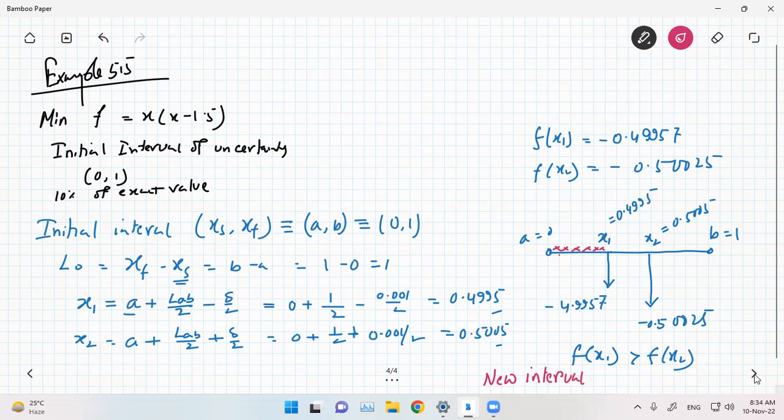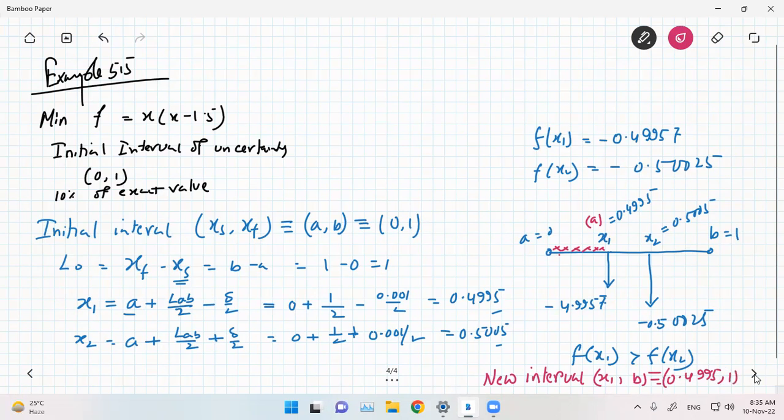That is new AB. So now we can also call this one our new A, which will be basically x1, and B is basically 0.4995 and 1.